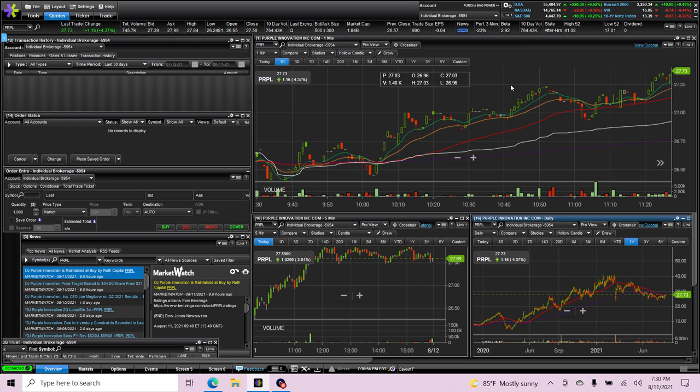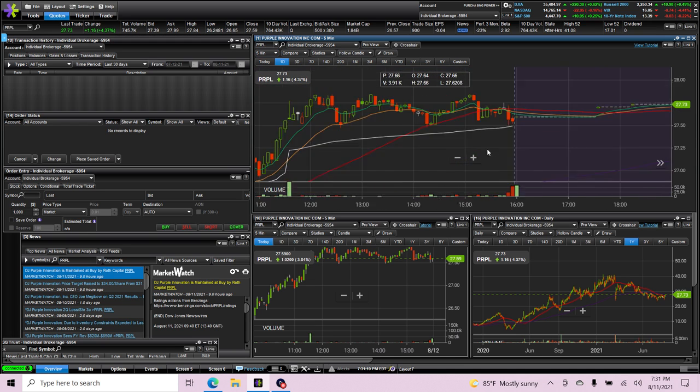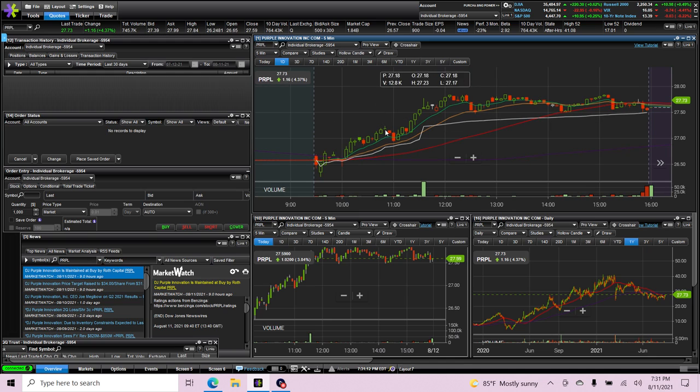And these change depending on what time frame you're in. For instance, right now we're on the 1 minute time frame. And let's see, if we go to the 5 minute time frame, you'll see that it changes a little bit.